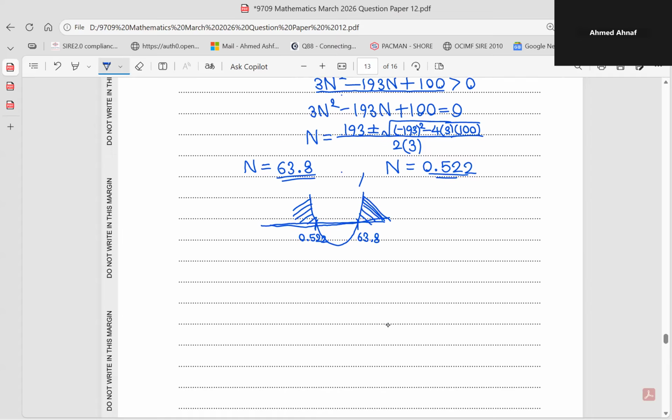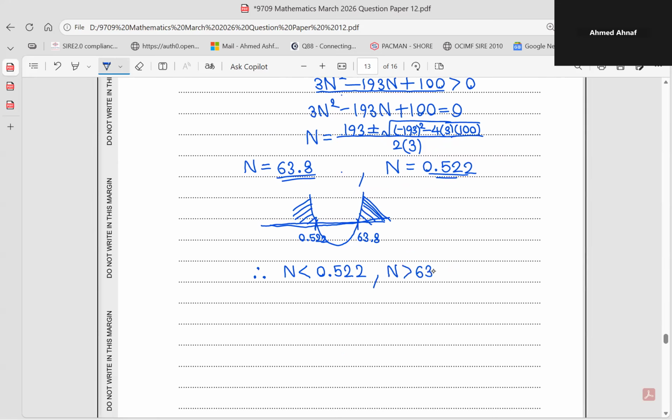Okay? So therefore, our final answer for this quadratic inequality is n is less than 0.522 and n is more than 63.8.